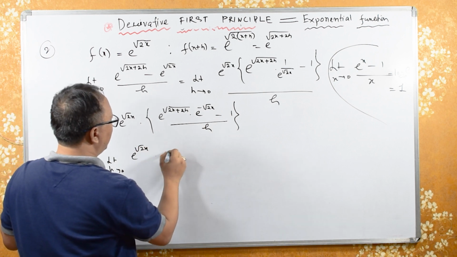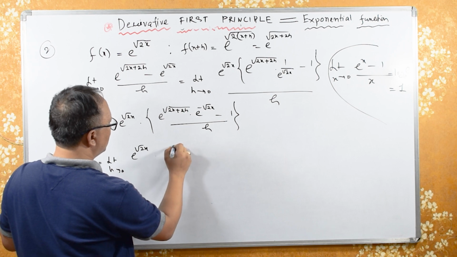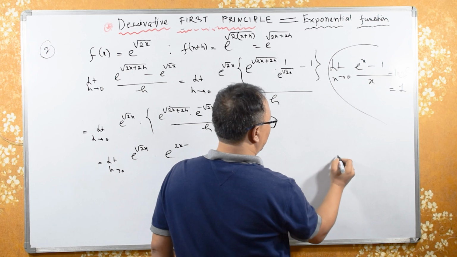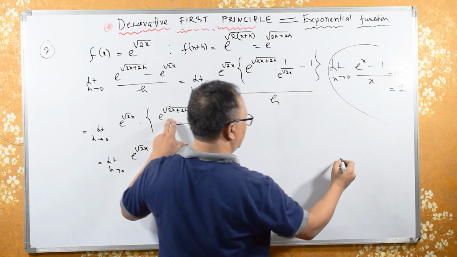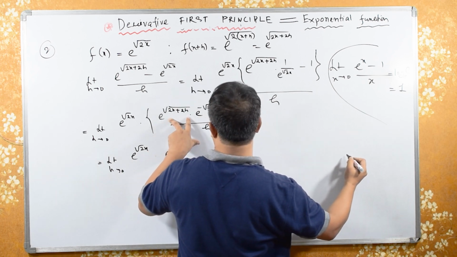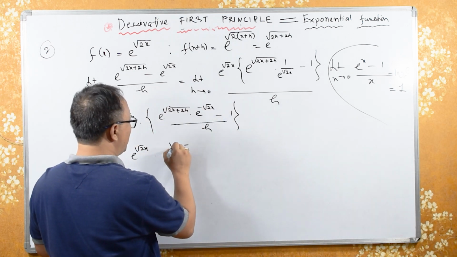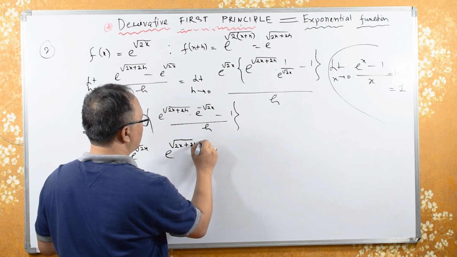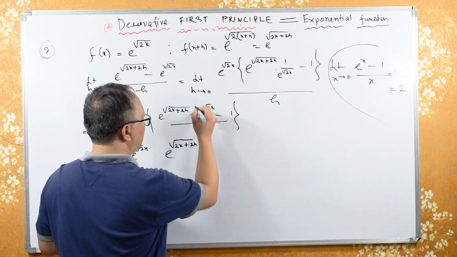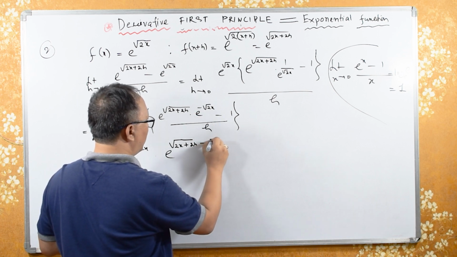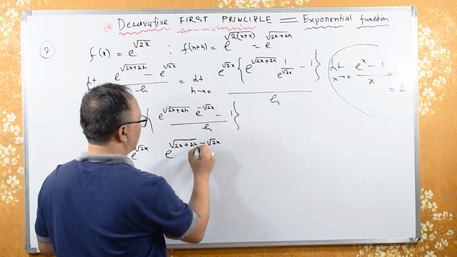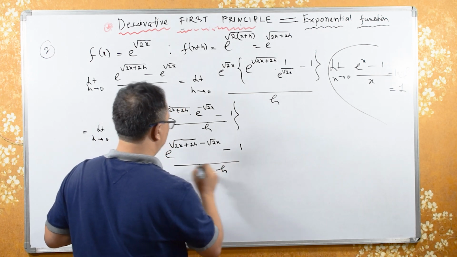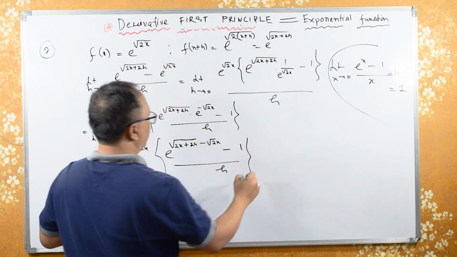Here e raised to what? e raised to twice x plus, remember, a raised to this is the same as e raised to; since the bases are the same, we can add the indices: 2h plus this plus minus square root of 2x, minus 1 upon h, okay.